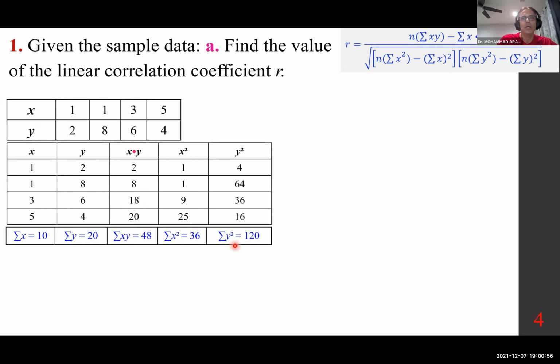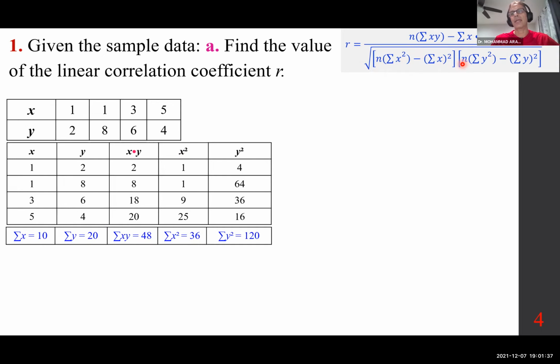Now, all we have to do is plug into this formula. N, which is 4, summation of xy, which is 48, minus summation of x, which is 10, times summation of y, which is 20, that would be the numerator. The denominator inside the square root, the first bracket n, that means 4, summation of x squared, that means 36, minus summation of x, that means 10, and then square that number.